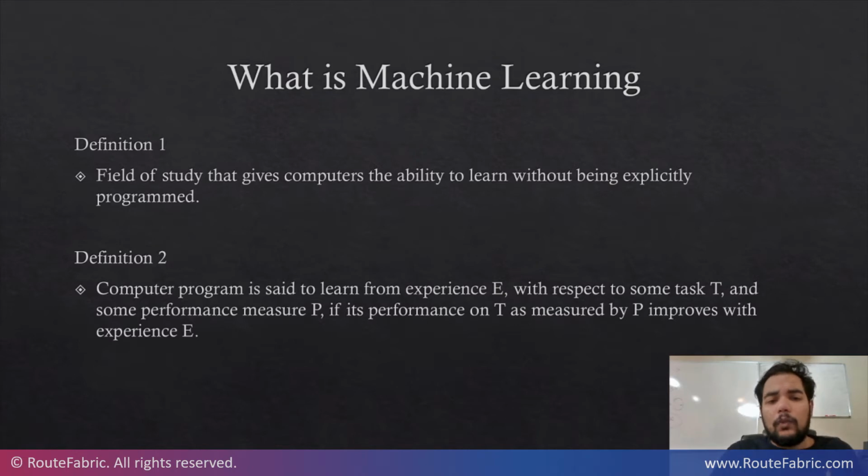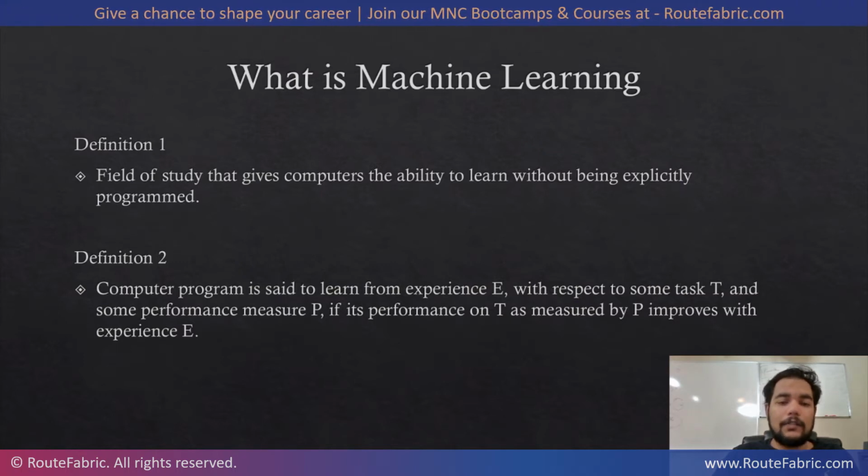Now, we saw the applications and the use cases of machine learning, but what is machine learning? The formal definition of machine learning is that it's a field of study that gives computers the ability to learn without being explicitly programmed. So in terms, machine learning is somewhere closer to a rule-based system, but the rules are not given directly to the machine learning, whereas the rules are learned by the machine learning from the data itself.